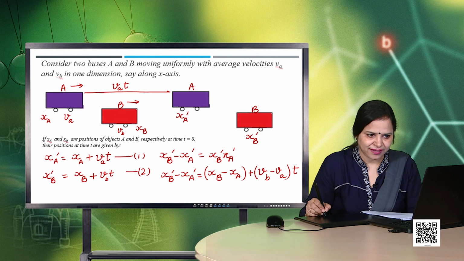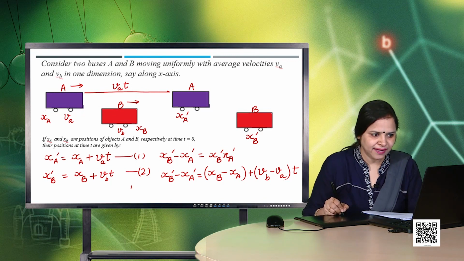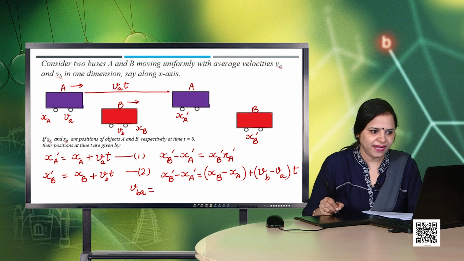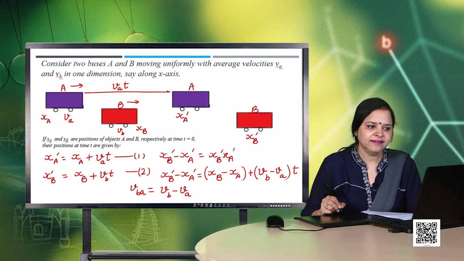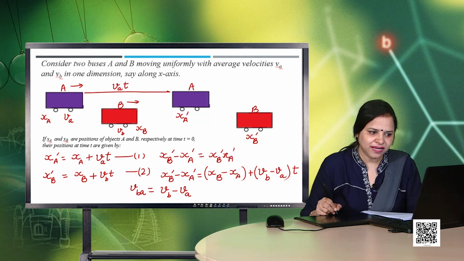Here in this equation, VB minus VA can be considered as the velocity of B relative to A, which can be written as VBA, where VBA is VB minus VA. So VBA is the velocity of object B relative to object A, which is equal to VB minus VA, that is the difference of the two velocities.